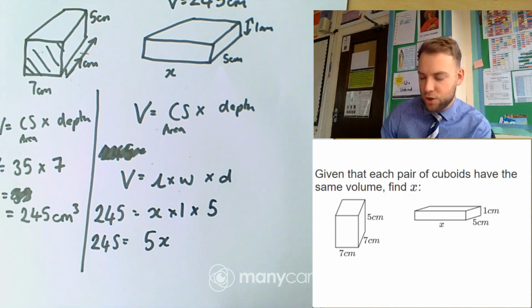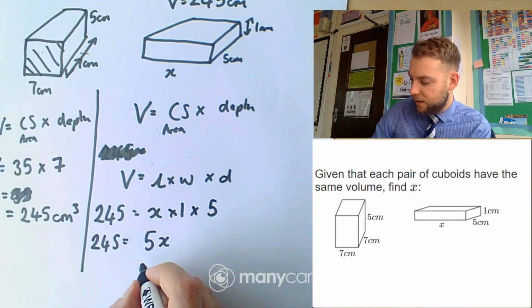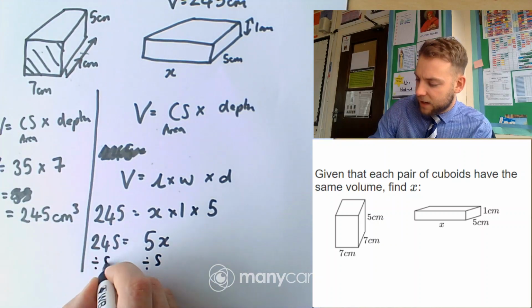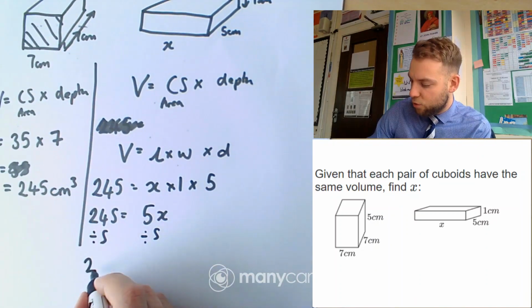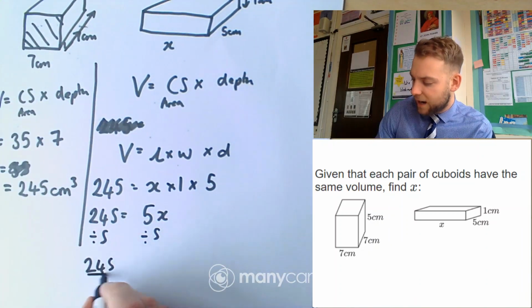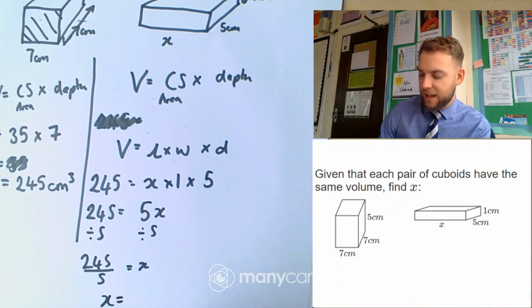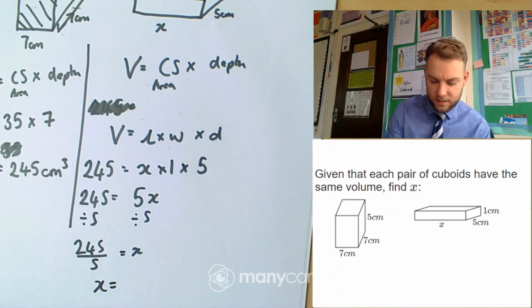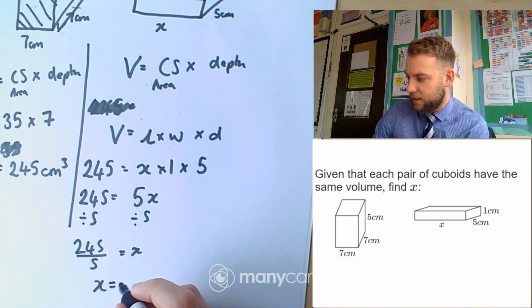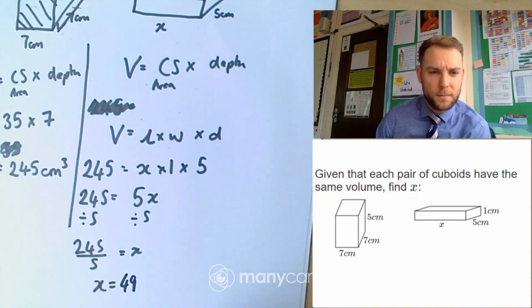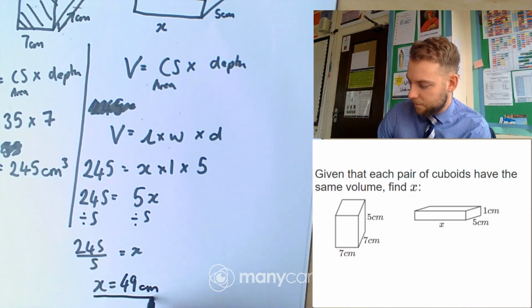Last little stage is to solve this. So I'm going to get rid of this 5. I divide both sides by 5. I end up with 245 divided by 5 is equal to x. And x is equal to, let's work out what that is, 245 divided by 5 is equal to 49 centimetres.